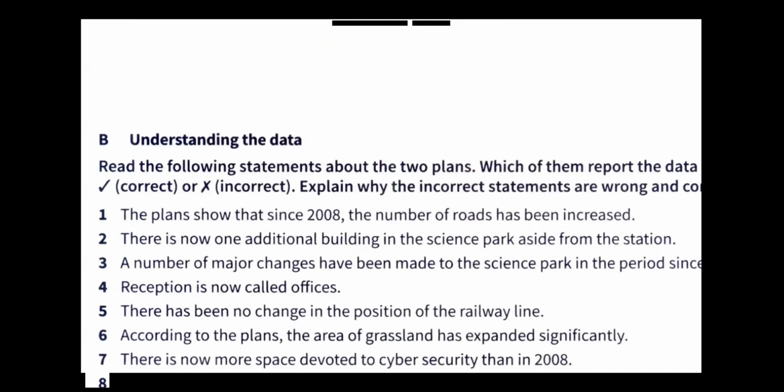Okay, for the next exercise, understanding the data. They ask you to read and then mark the sentences which are correct, and if incorrect, you cross them, explain why the incorrect statements are wrong, and also correct them.